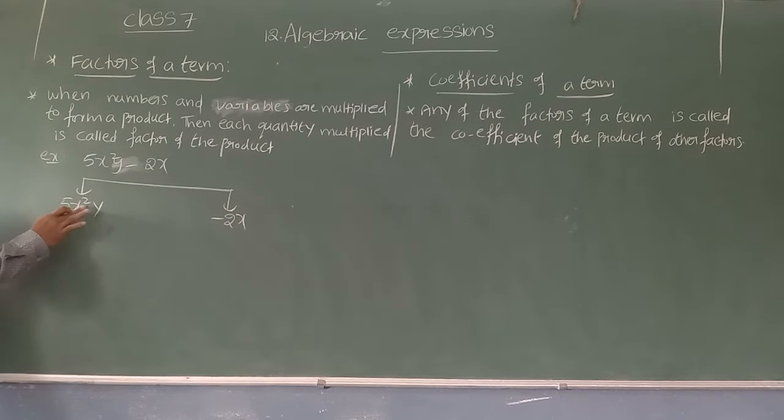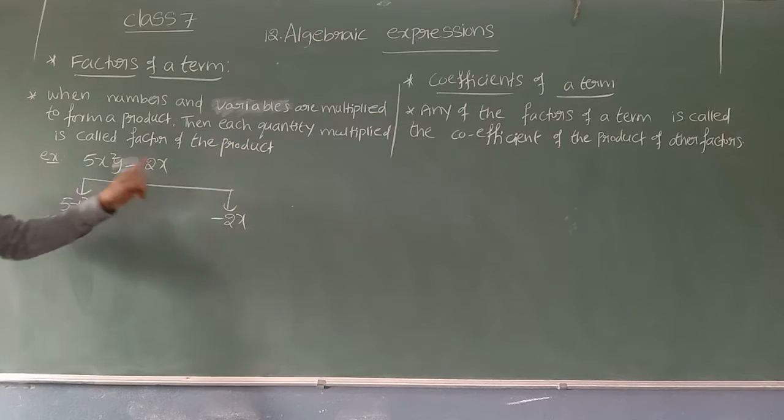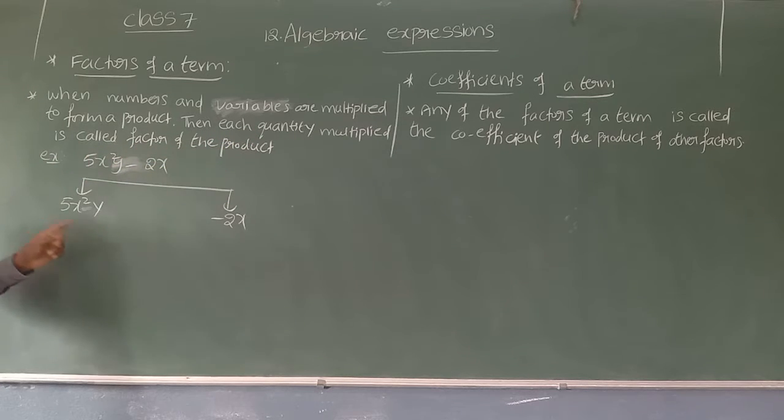Now this 5x square y is a term formed by the product, like 5 into x into x into y. In that, each quantity multiplied is called a factor of the product. Here we multiplied 5, so 5 is called a factor of this product. We multiplied y, so y is also a factor.